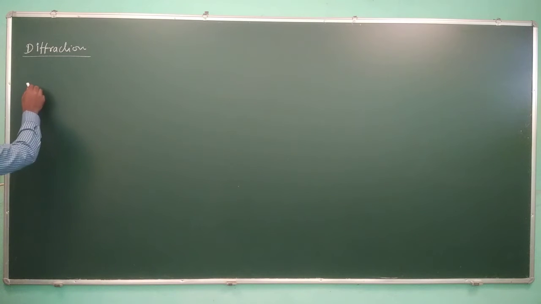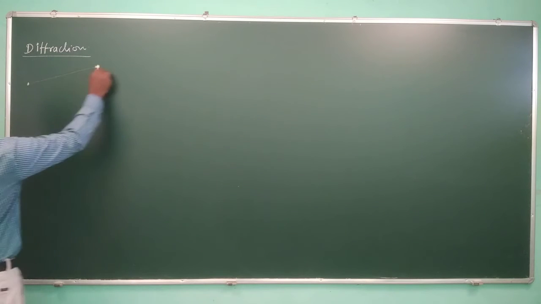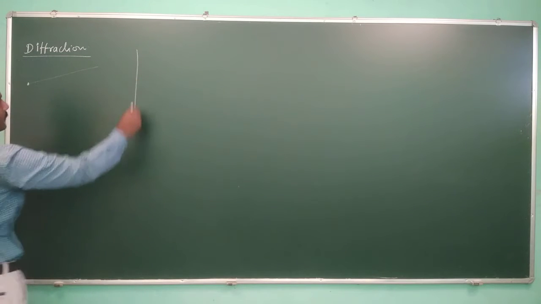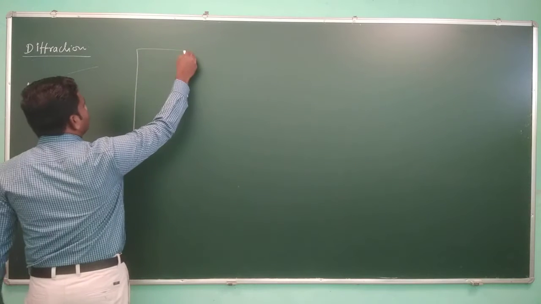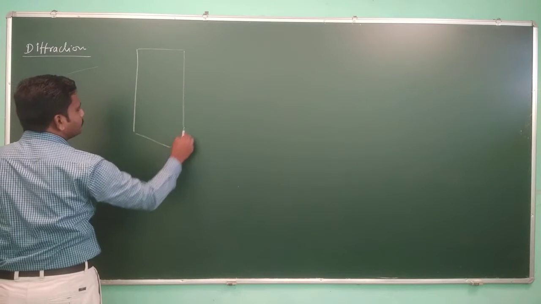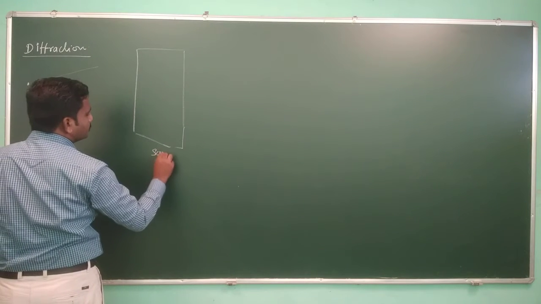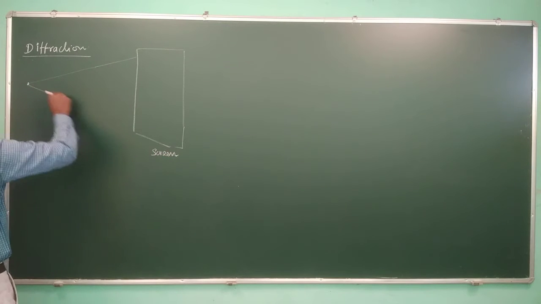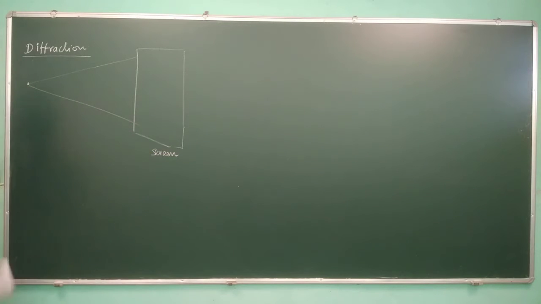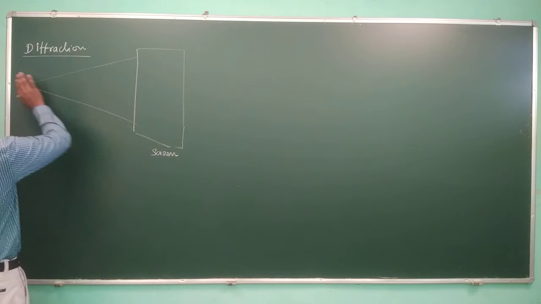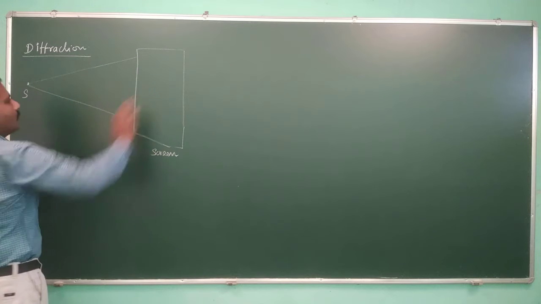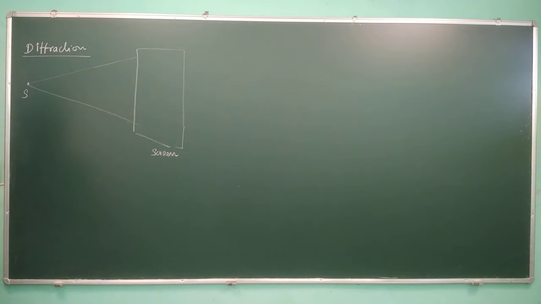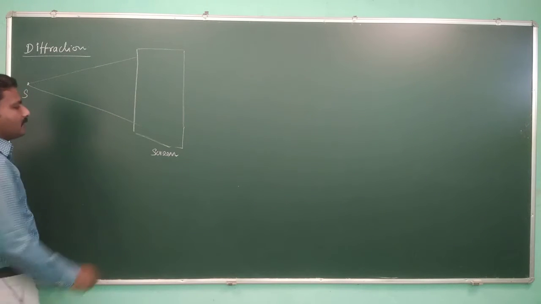If this light source is illuminated and we place a screen here, so this is the screen, and there are no obstacles between the light source and the screen, then all the light coming from this light source will fall on the screen. So the screen will be illuminated clearly. Assume that it is a white screen.